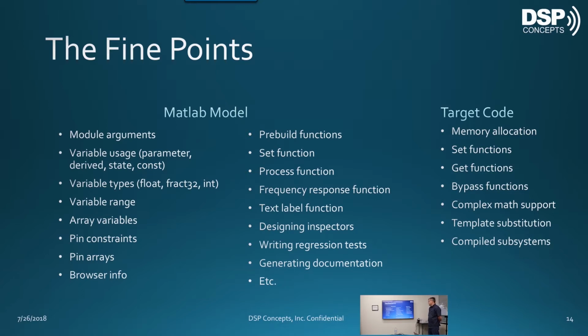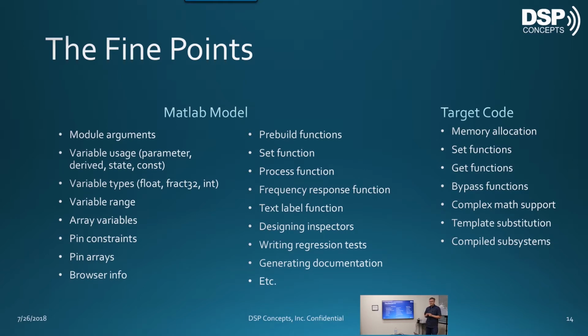You can also have MATLAB set functions. When we have a filter, you have a set function which will take, for example, your cutoff frequency and turn it into filter coefficients. You can have a version of that that runs in MATLAB when you're in design mode, and there's also a version of that that runs down on the target as well.